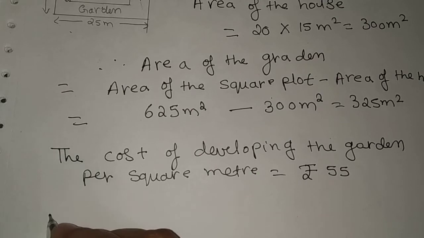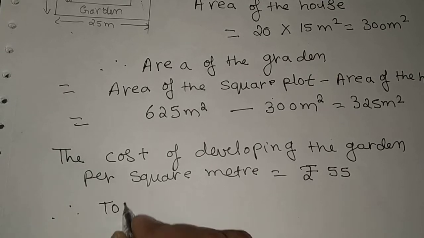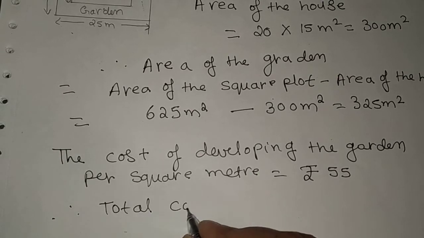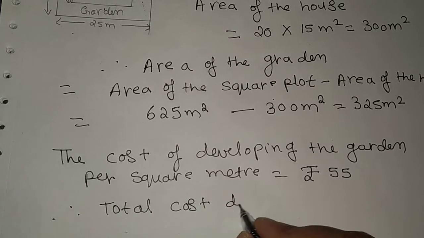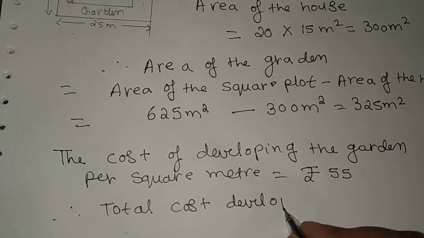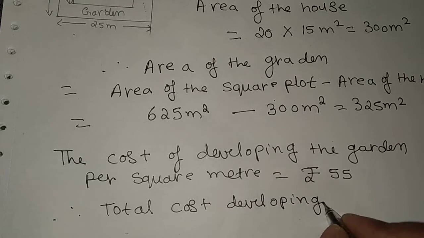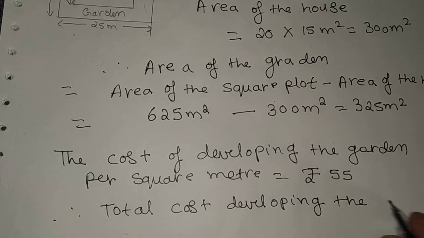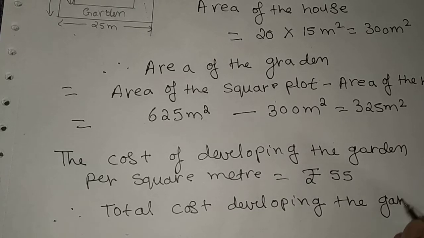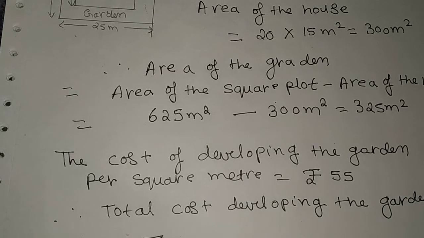Next step is, therefore, total cost of developing the garden. Total cost of developing the garden is equal to how much?